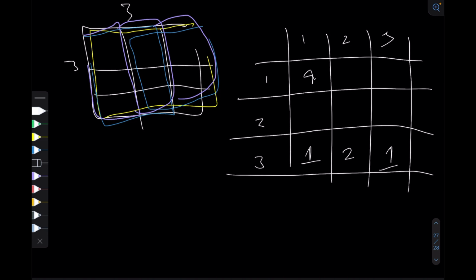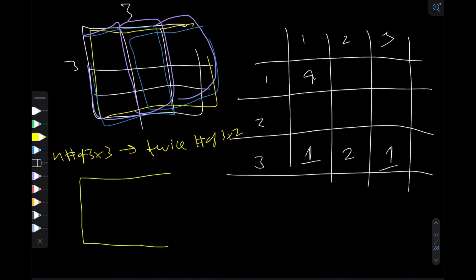Right, so from this procedure we can see that if we have n number of 3 by 3s, then there will be twice that number of 3 by 2s.